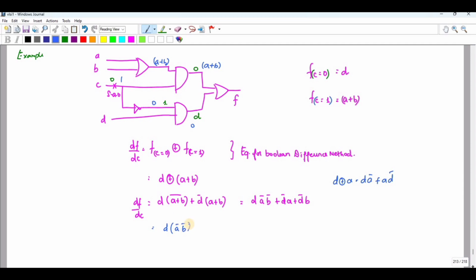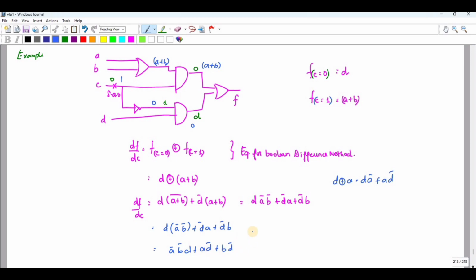So if I solve this, I will get d a bar b bar plus d bar a plus d bar b. So you rearrange this equation: a bar b bar d plus a d bar plus b d bar.